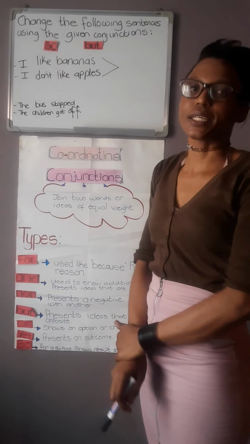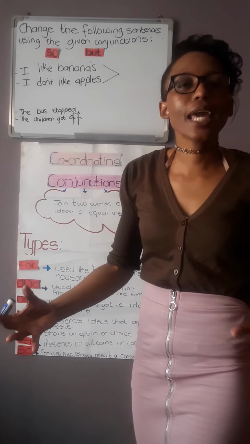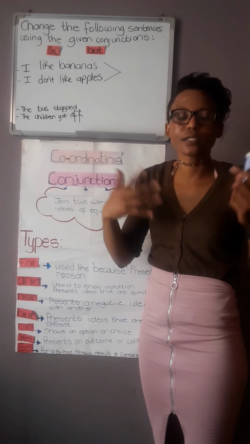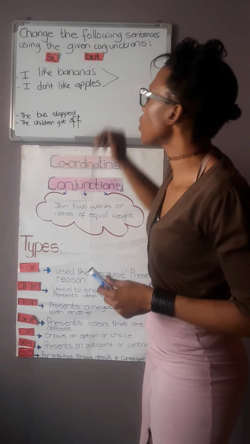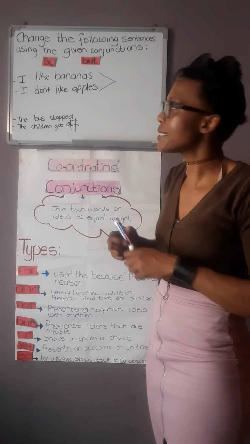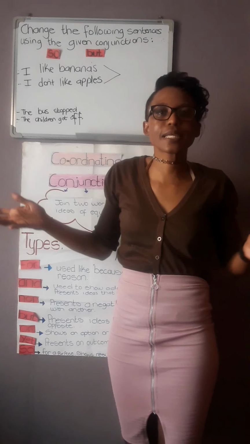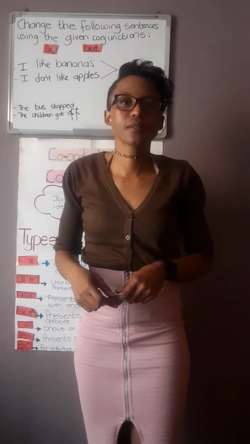I like bananas. I don't like apples. I then tell the learners what about the sentence I find interesting. So here we have two sentences. These two sentences show opposite ideas, because the first idea says I like bananas.